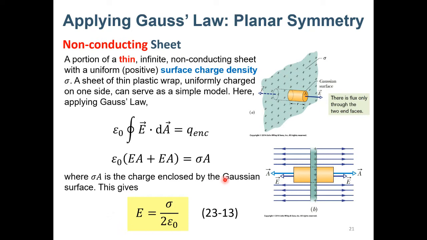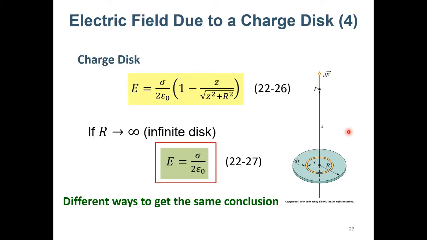So we have the E field generated by the infinite charge plane is sigma over 2 epsilon 0, which is actually the same as this one.